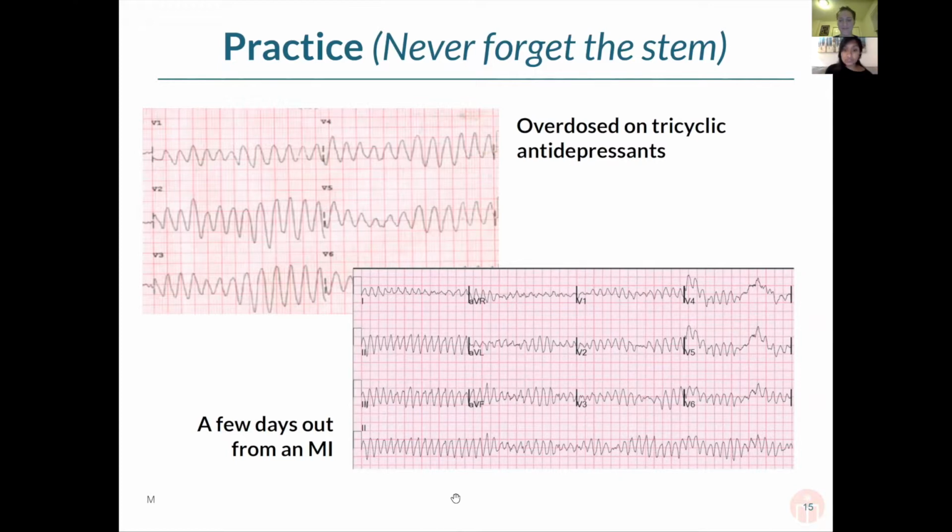So when you look at this one, and I think about the history of having an MI, which is not necessarily specific because having an MI a few days ago can predispose you to a number of arrhythmias, but that coupled with this sort of small, low amplitude pattern makes me think of ventricular fibrillation. So this is an emergency, needs urgent, well, I mean, they're both emergencies, but this immediately raises my red flags, both of these EKGs, for a very, very dangerous process.